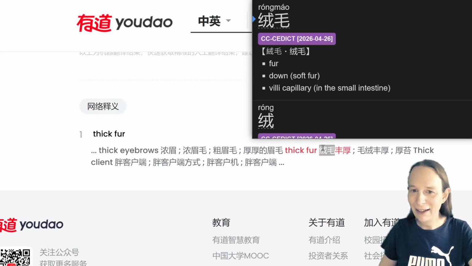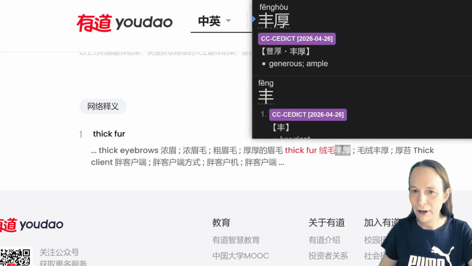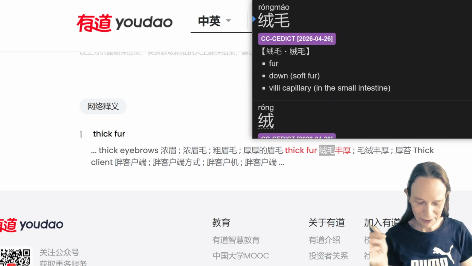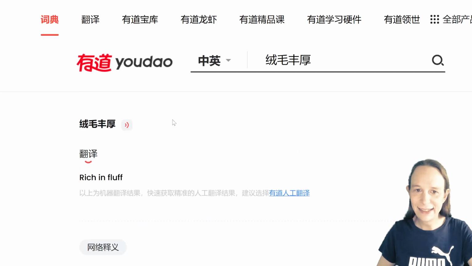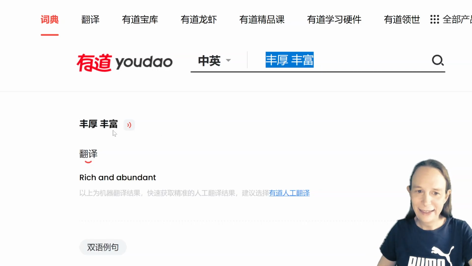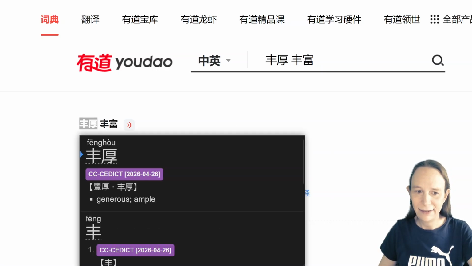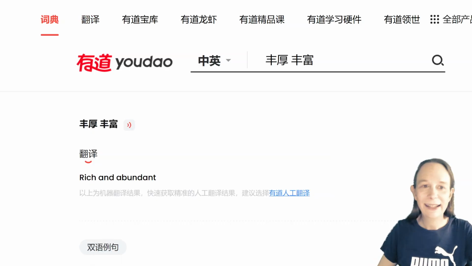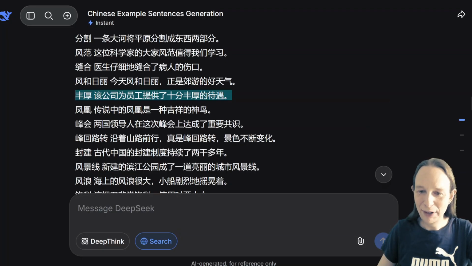So it's describing the wool, right? Oh, the down. I should say down. There's more to it than what's in the English one. And 丰厚, number 2 is just 丰富. So similar to this. It's just rich, abundant, whatever. 丰厚的礼物. Right. Not going to come out in my output anytime soon.